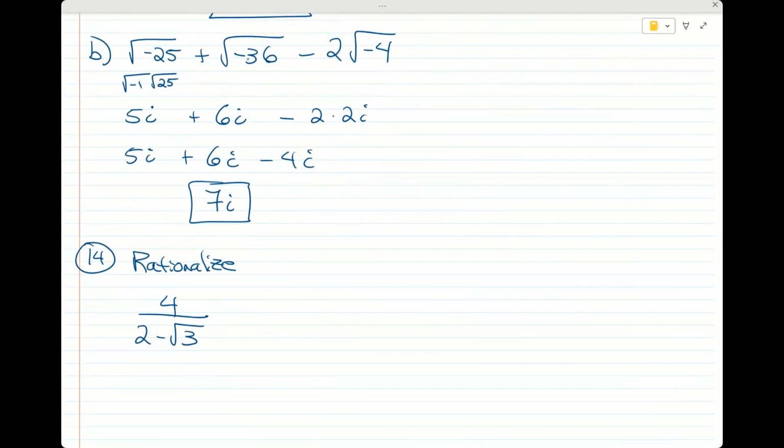And we talked about this is almost like that game Whack-A-Mole, where if you just multiply top and bottom by the conjugate, the radical just shifts to one side or the other, which is where we used that word conjugate. So 2 plus root 3, this is called the conjugate because we changed the sign in the middle.